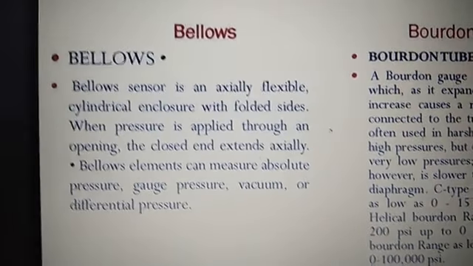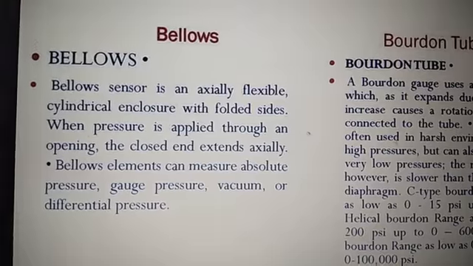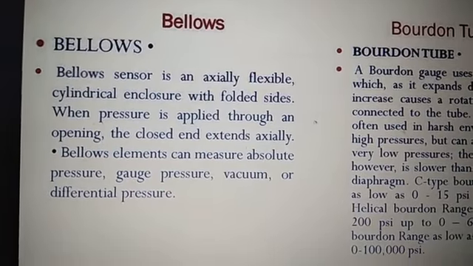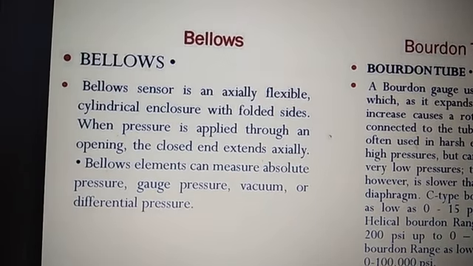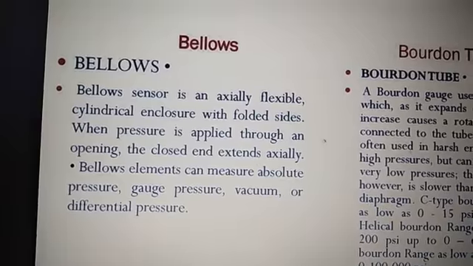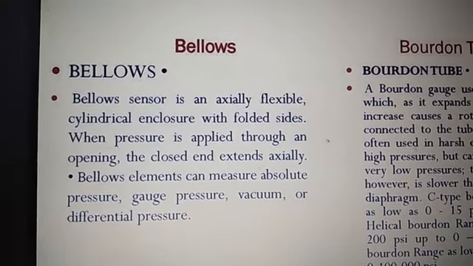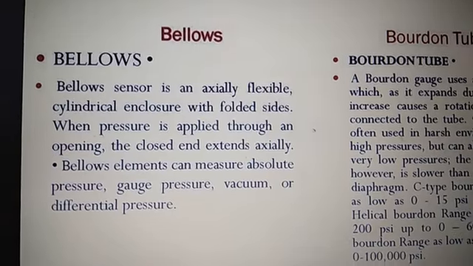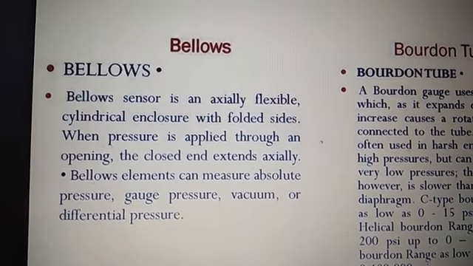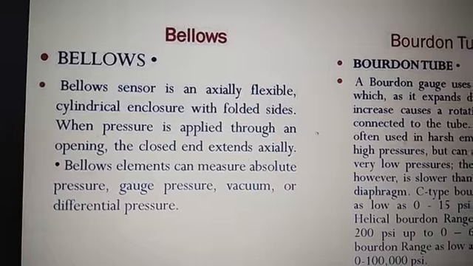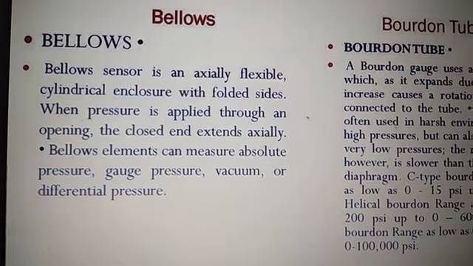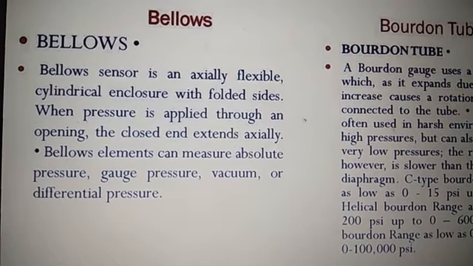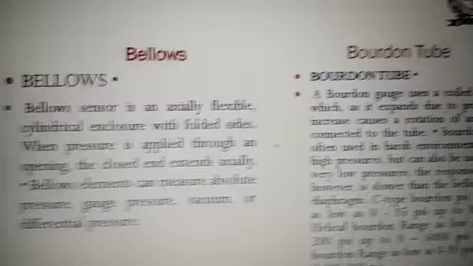A bellows sensor is an axially flexible cylindrical enclosure with folded sides. When pressure is applied through an opening, the closed end extends axially. Bellows elements can measure absolute pressure, gauge pressure, vacuum or differential pressure.